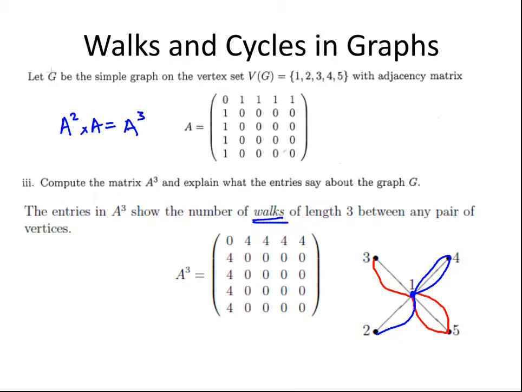So it's not possible to have a path of length 3 for this graph. Ultimately you have to reuse the same edge or the same vertices sooner rather than later. So it's possible to have a walk, but not a path. Okay, that ends our presentation.